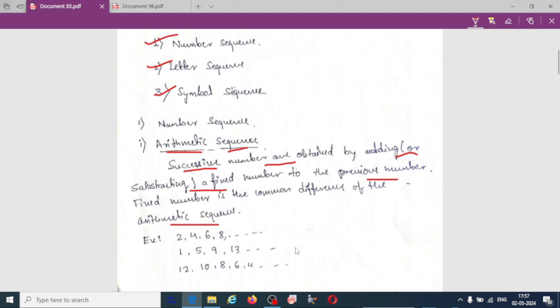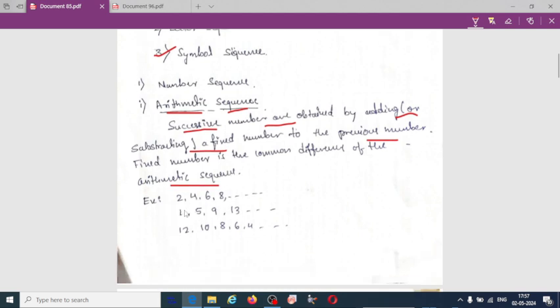If you take any fixed number, you can either add or subtract it and you will get a series or sequence, which we call an arithmetic sequence. Let us take examples to understand. Whatever the common difference is, that is the arithmetic sequence.